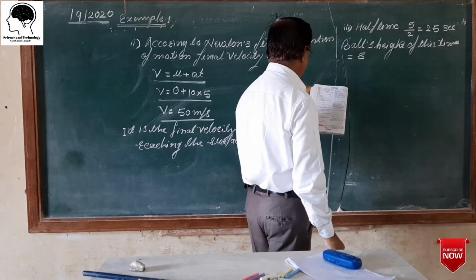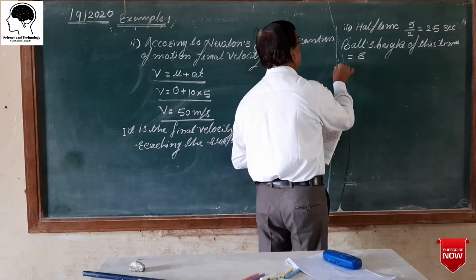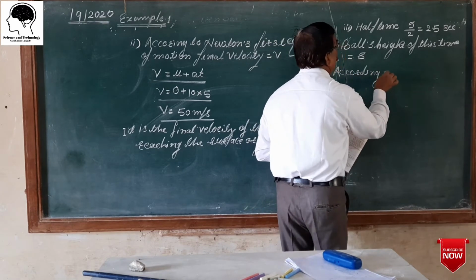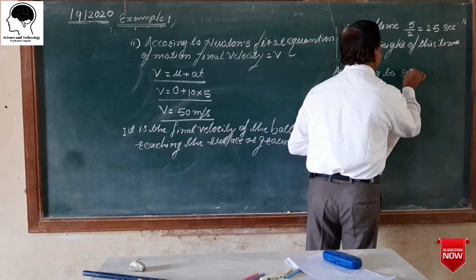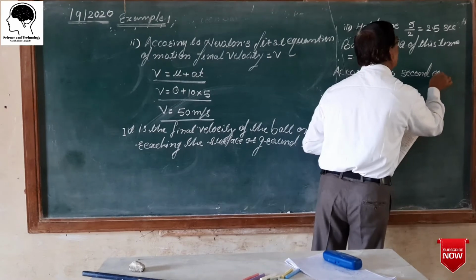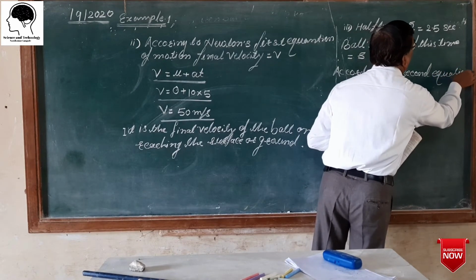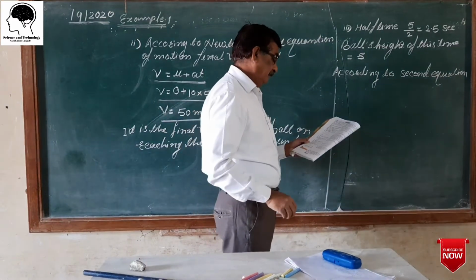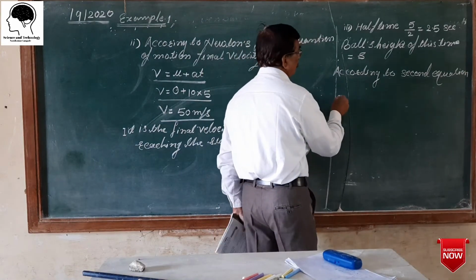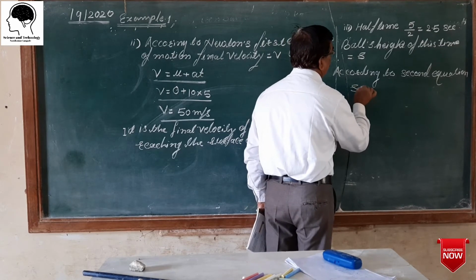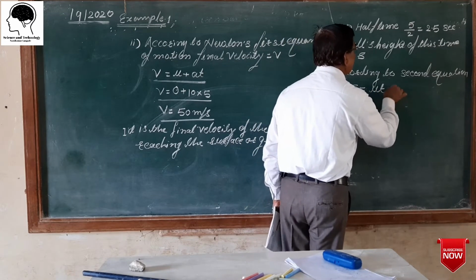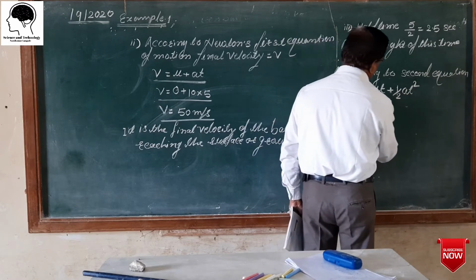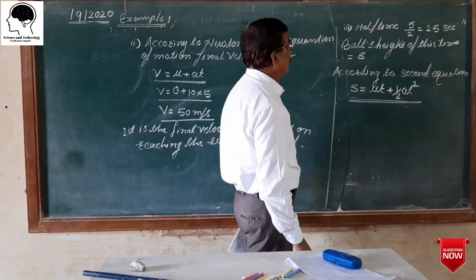According to Newton's second equation, s is equal to ut plus 1/2 at square, meaning gt square, and g is given as 10 meter per square second.